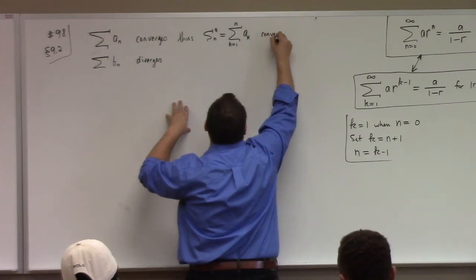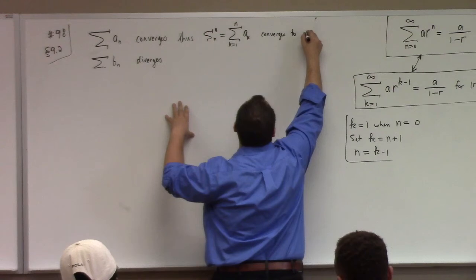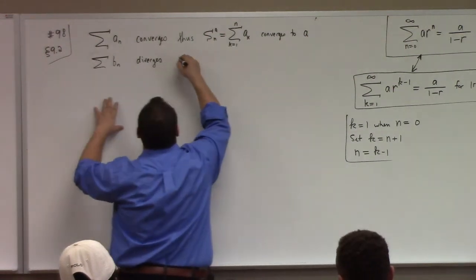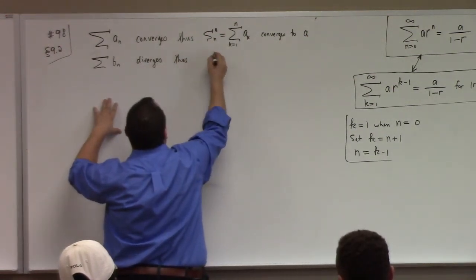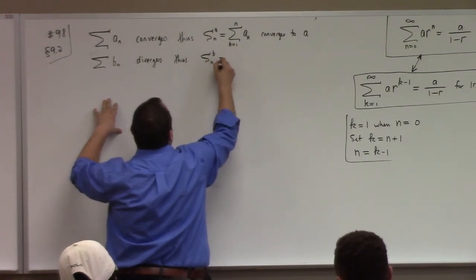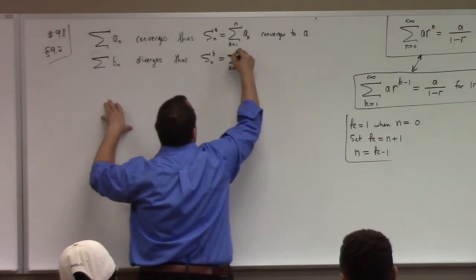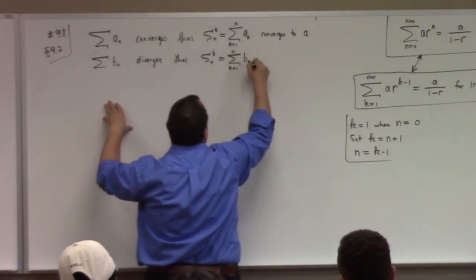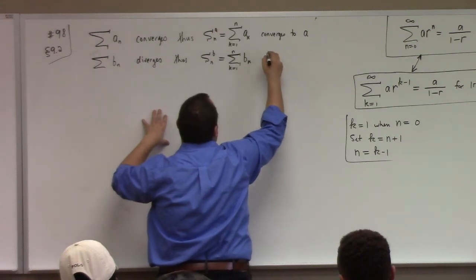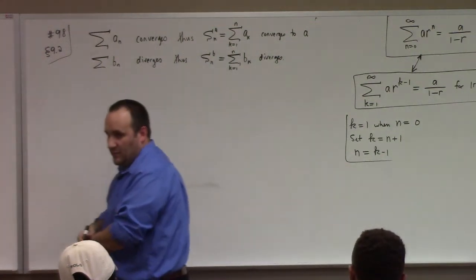It converges, right? Let's say to A. Thus, the nth partial sum for B, what does that do? It does not converge, right? It diverges.